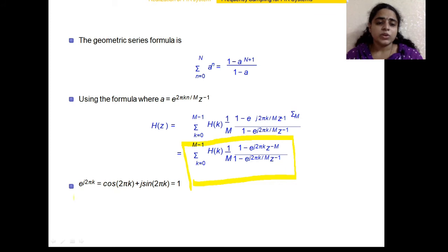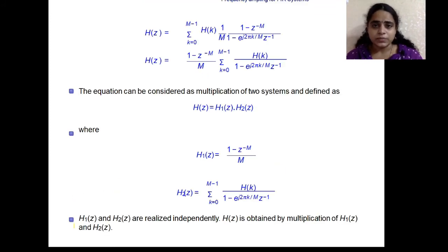And we know that e power j 2 pi k is equal to 1. Substitute that one. Finally, after all simplifications, the frequency sampling structure is reduced to this.